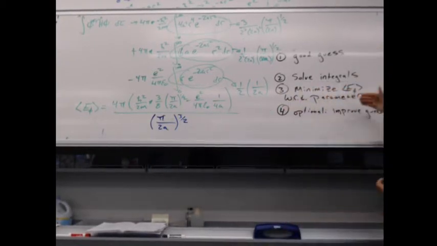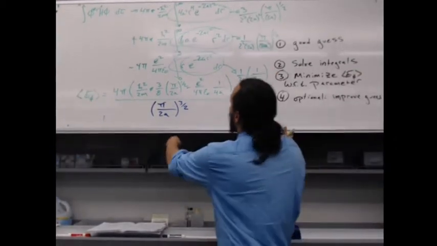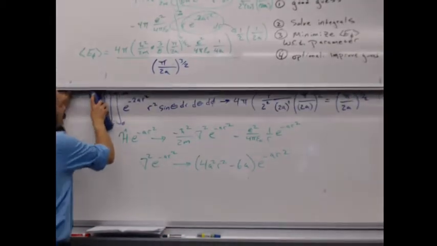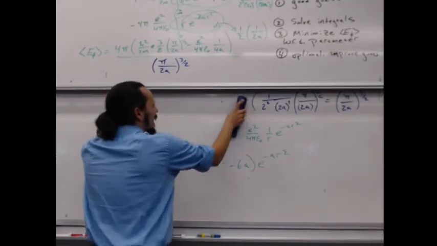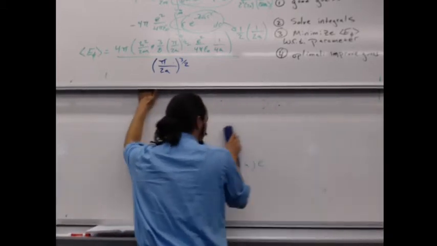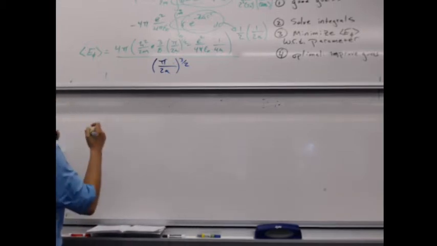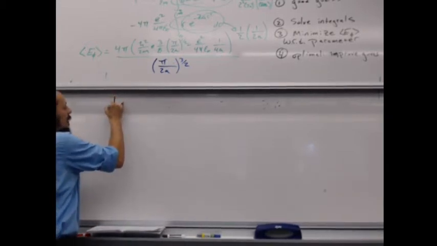And now what we have to do is we have to minimize this energy with respect to the parameter. So essentially what we'll do is we'll say we want to find an energy minimum. Right now it's a little bit messy, but you can start doing the algebra now on your own if you want to simplify this.